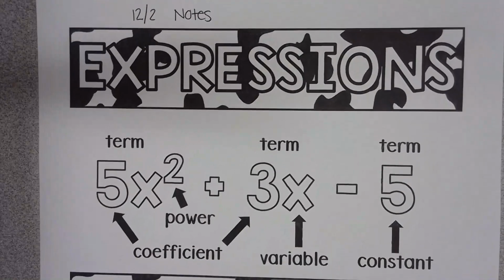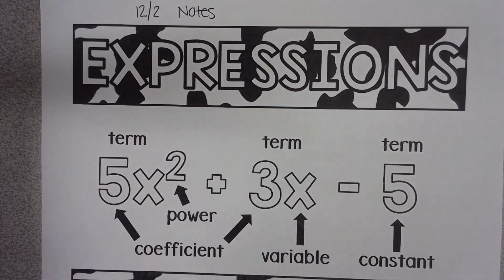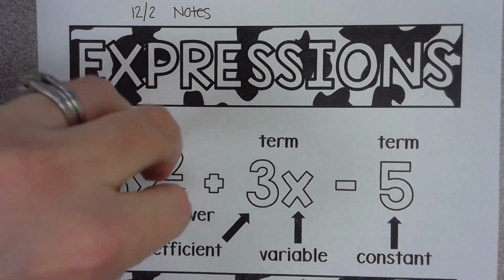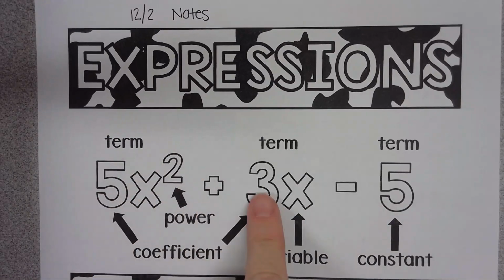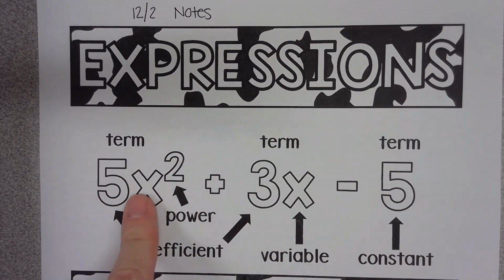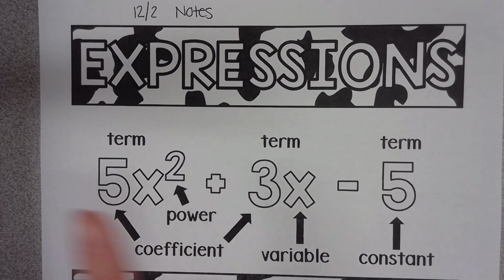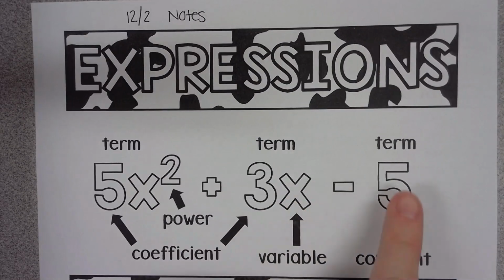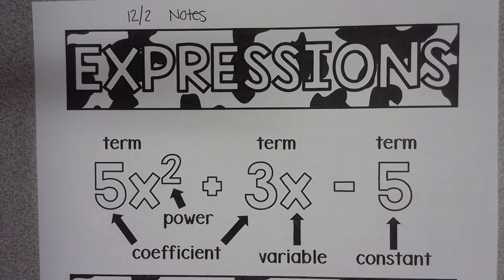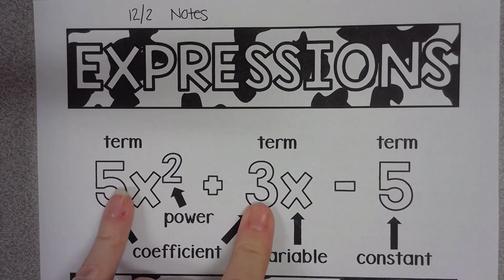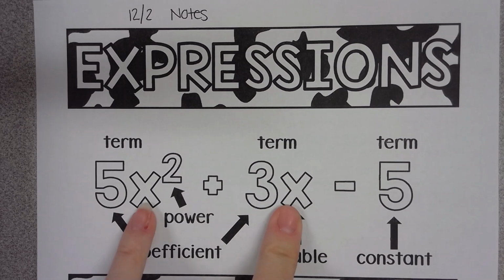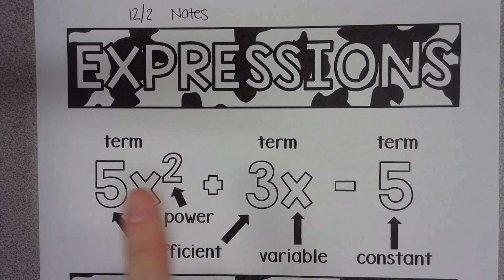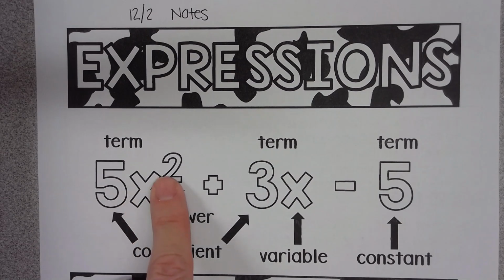All right, we're going to look at some expressions. A term is the whole piece. So in this expression, there are 3 terms. You have 5x squared as a term, you have 3x as a term, and 5 as a term. Now, 5 and 3 are both considered coefficients. x is the variable, but 5x squared has a power of 2.